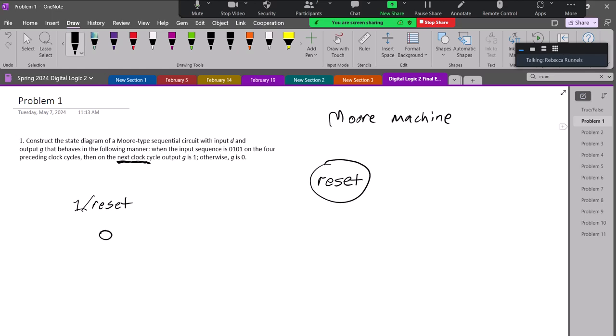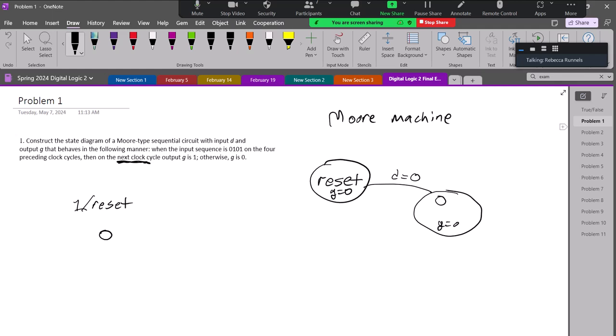And I'll put the output on the state since it's a Moore machine. So G equals 0. We won't get G equals 1 until we actually get our sequence. So we have two possibilities here. One is if the input D equals 0, then we'll go to this state that I'm just going to temporarily call 0.